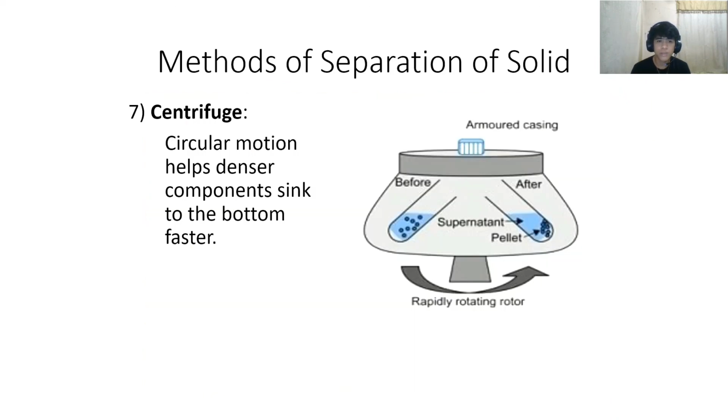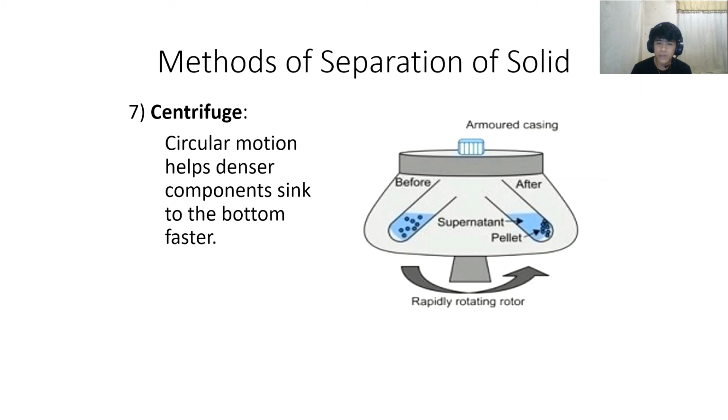For the next method, the last method, is centrifuge. It uses circular motion that helps denser components sink to the bottom faster. As you can see in the illustration, inside the armored casing is a tube, and before, the tube is filled with supernatant and pellet.